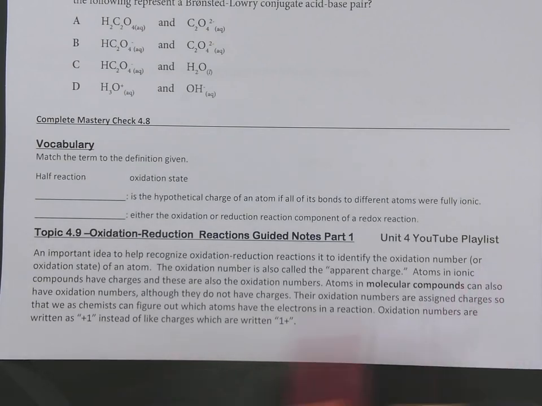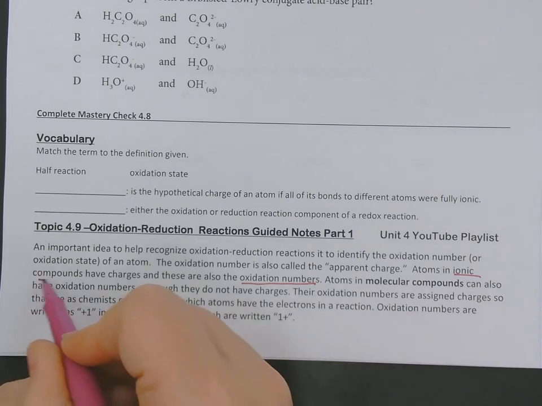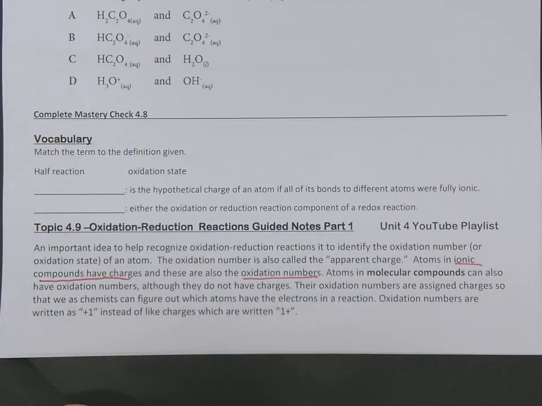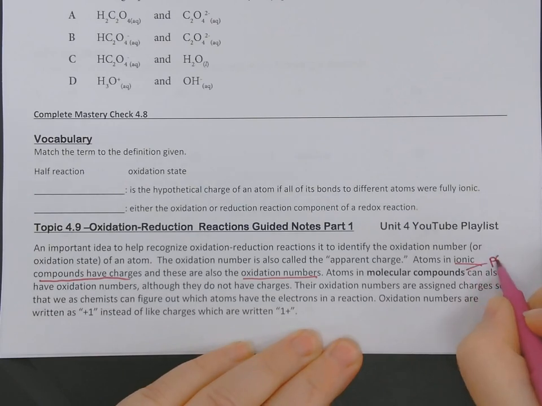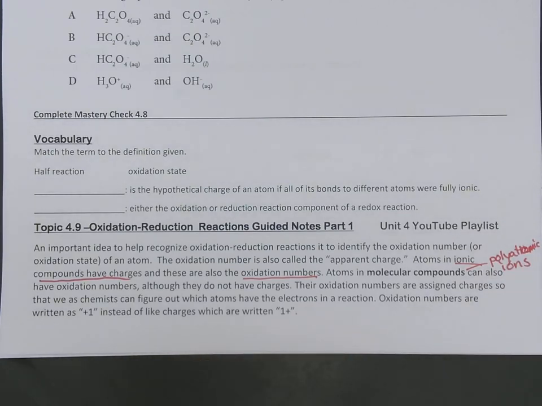So atoms in ionic compounds have charges, and these are also their oxidation numbers. So when you have an ionic compound, we've already assigned most of our ions, our elements, charges. So that's convenient. But atoms in molecular compounds or in polyatomic ions can also have oxidation numbers or charges, although they don't have a real charge.